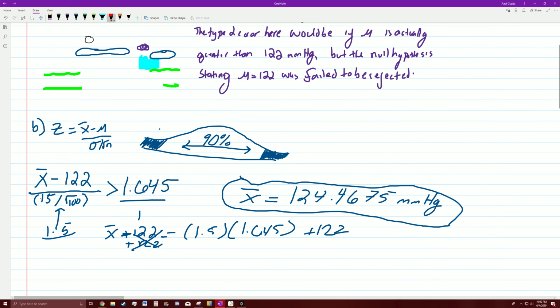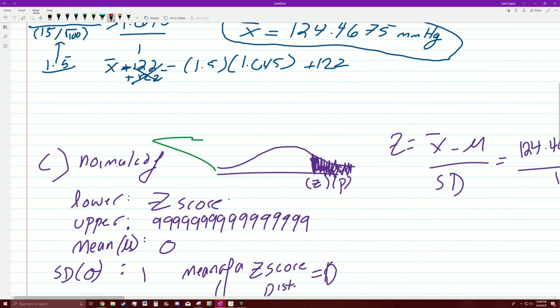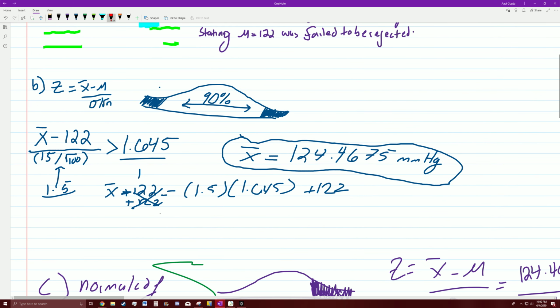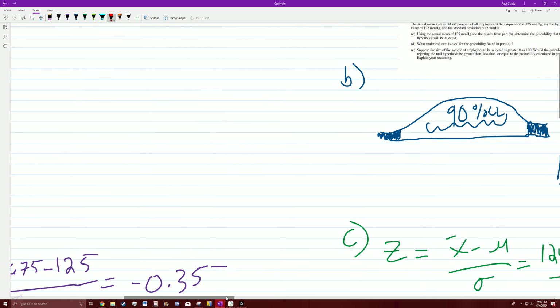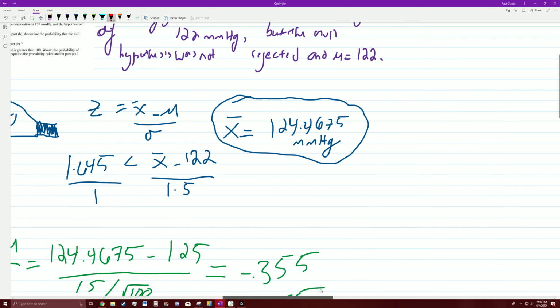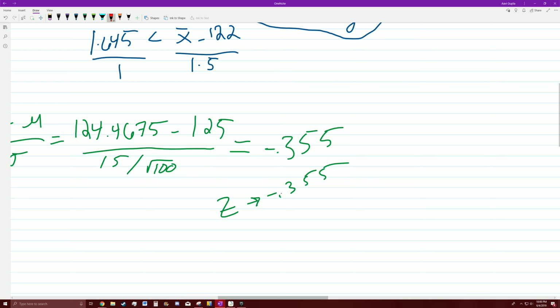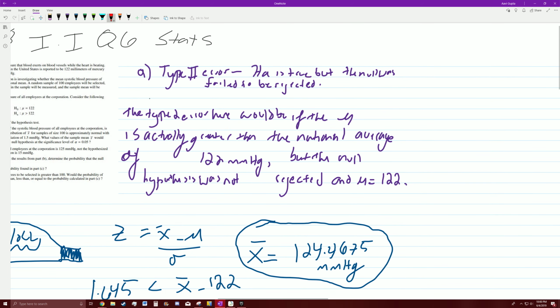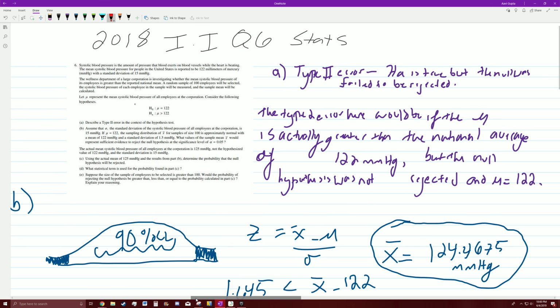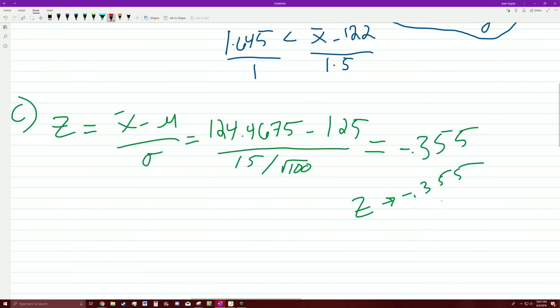Let's see. Oh, whoops. Yeah, we wanted negative 0.355, and the question was asking to determine the probability that the null hypothesis will be rejected. So the p-value, okay, the power.